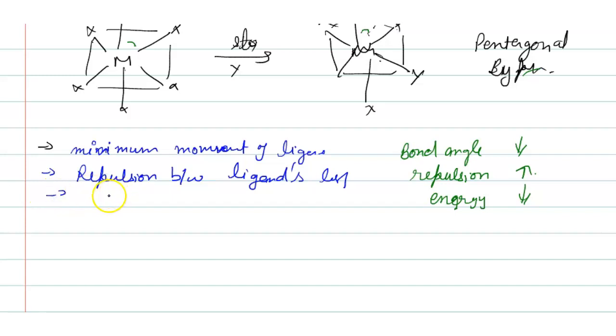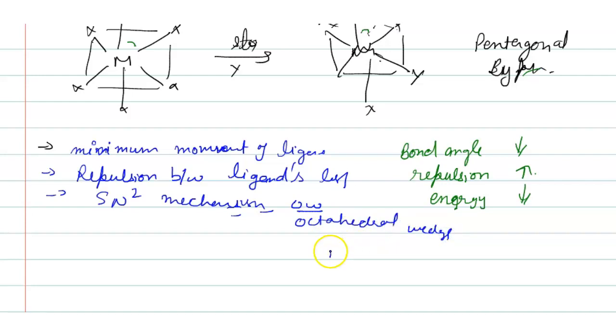Third, the SN2 mechanism is prepared to proceed through the OW intermediate, then PBP, meaning OW is octahedral wedge. Octahedral wedge and pentagonal bipyramidal.